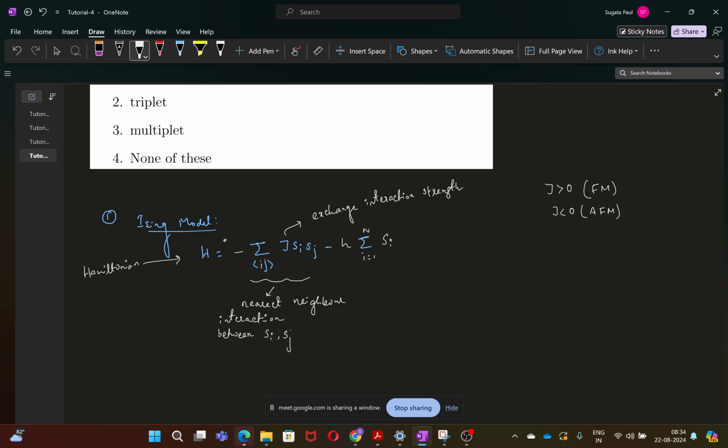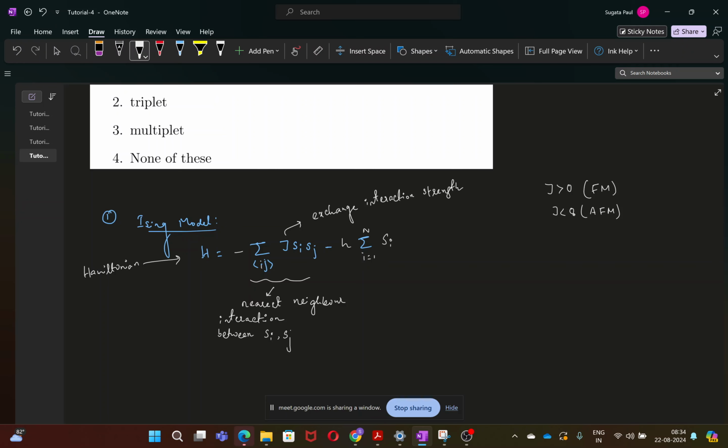From there we can say that this is the lower energy or relatively steady state, which justifies it to be a ferromagnetic state for J greater than 0, because the spins are parallel to each other, making the product of Si and Sj plus 1.